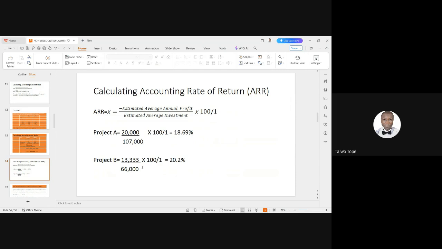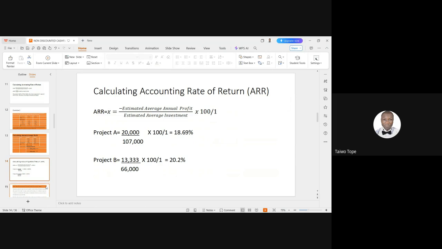However, since projects A and B are mutually exclusive, that is competing projects in which the acceptance of one will preclude the acceptance of the other, what do we do? Hence, project B with the higher accounting rate of return of 20.2%, relative to project A of 18.69%, should be accepted.